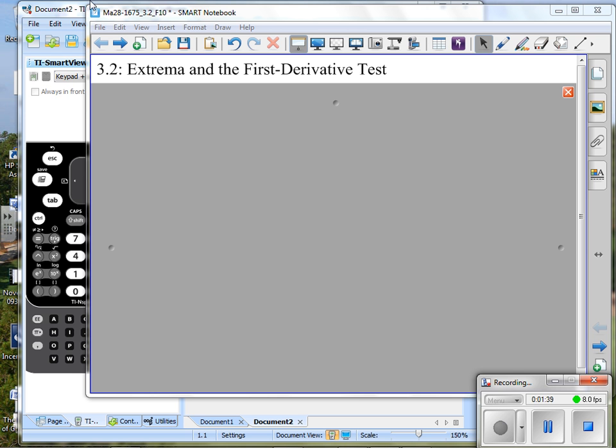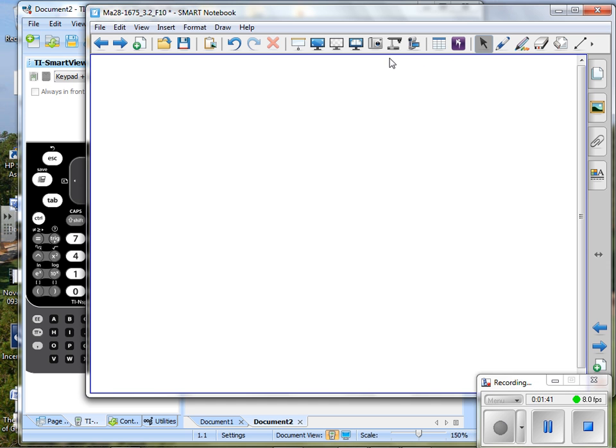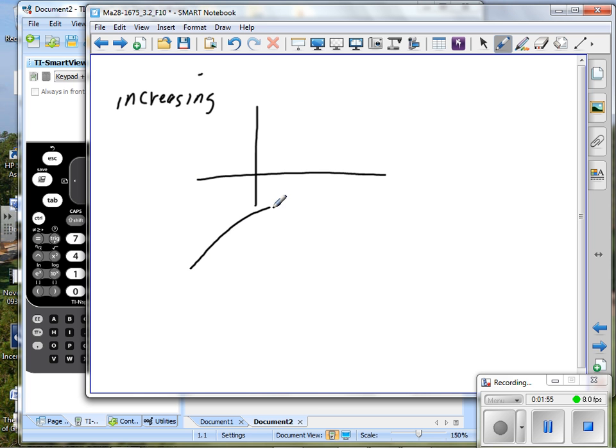How can we tell? If the function's increasing, again? Not necessarily. I can have an increasing function, and those outputs are not positive.